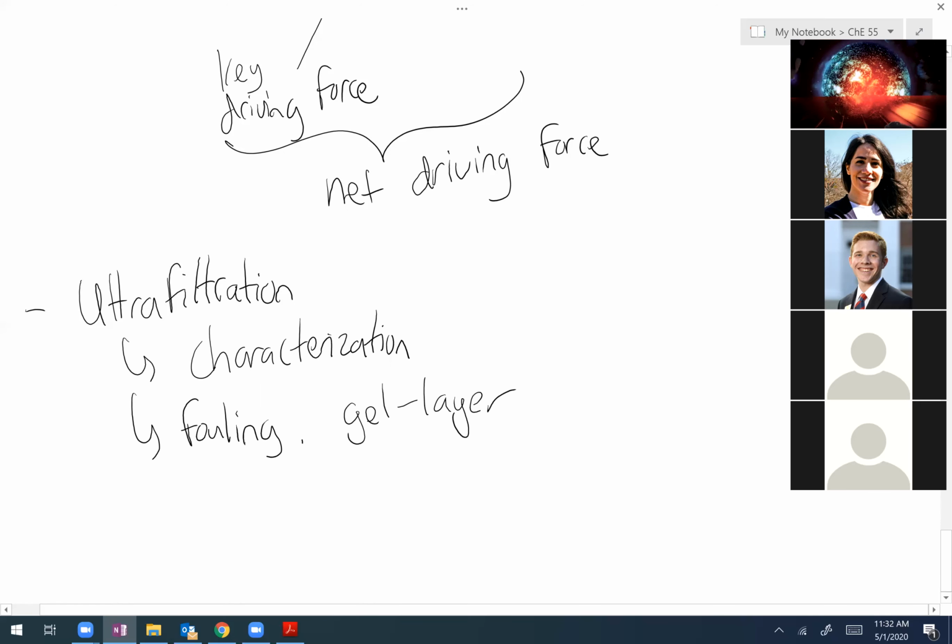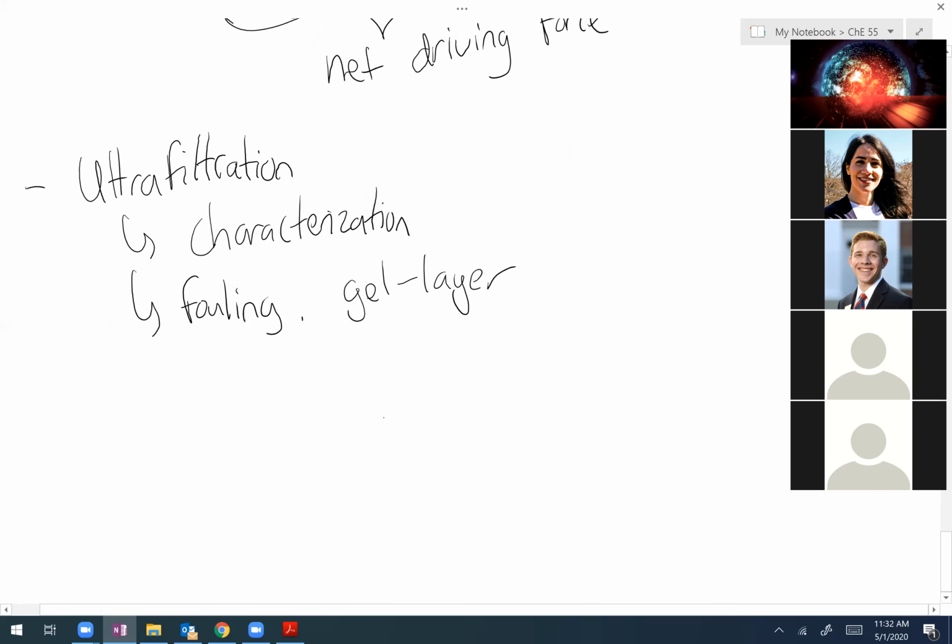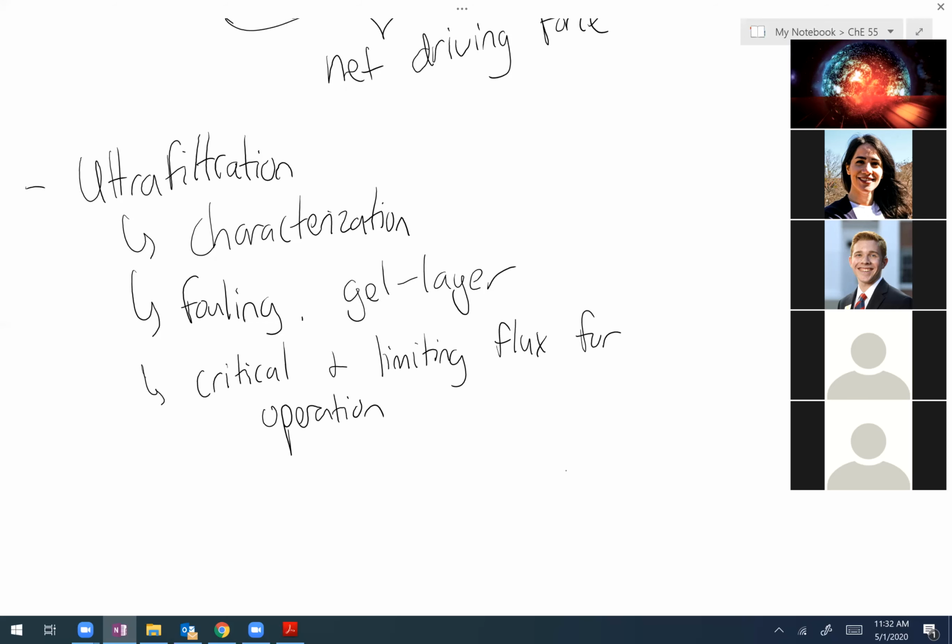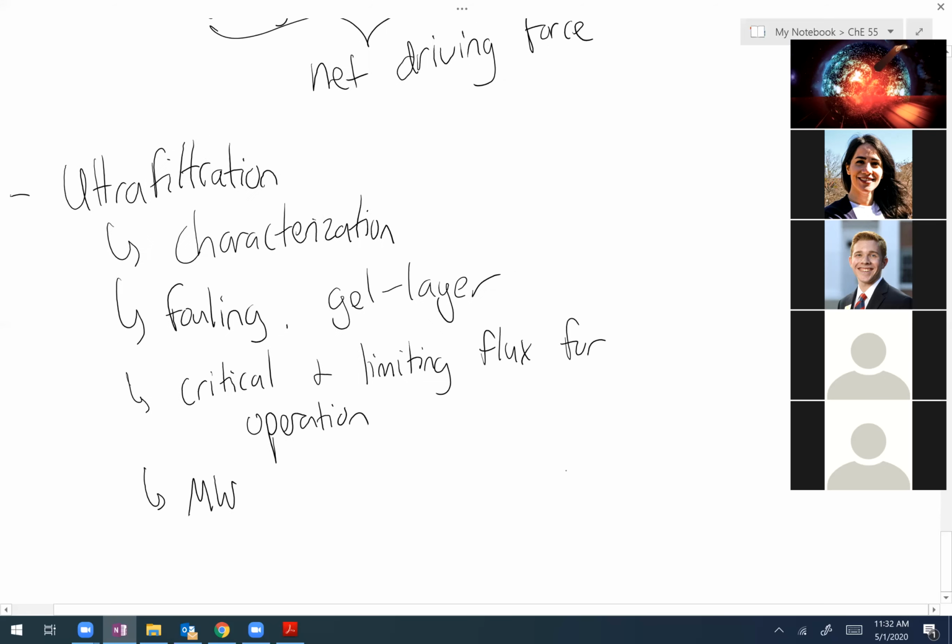We brought some of that Peclet stuff back in. Looked at critical flux. Right, and so other things you want to keep in mind, molecular weight cutoff. Now we determine those. Those make good problems.